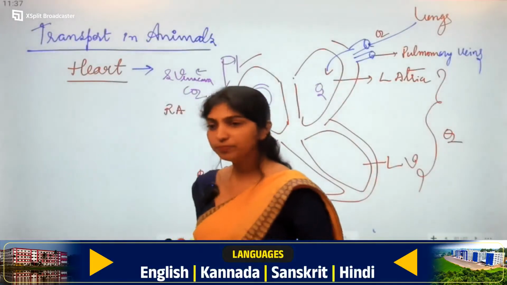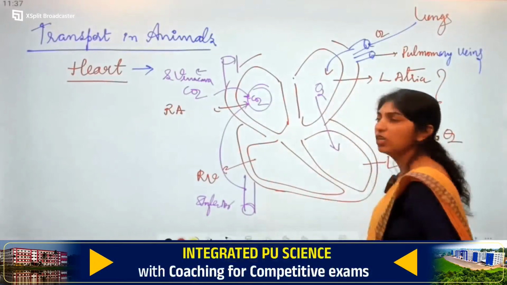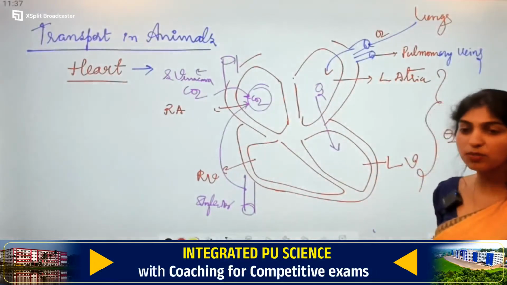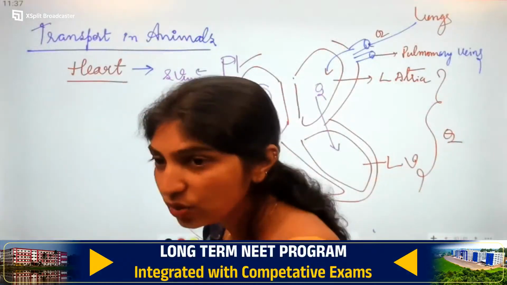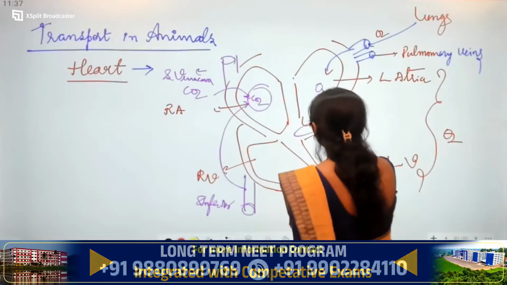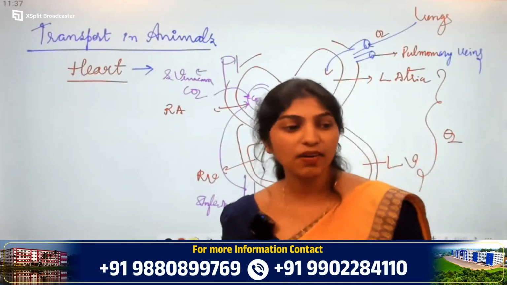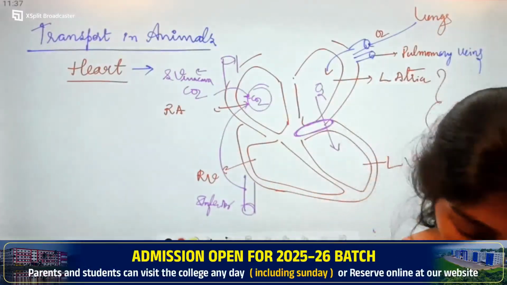Is that clear? Now, the blood from the left atria will move to the left ventricle through the valve called the bicuspid valve.